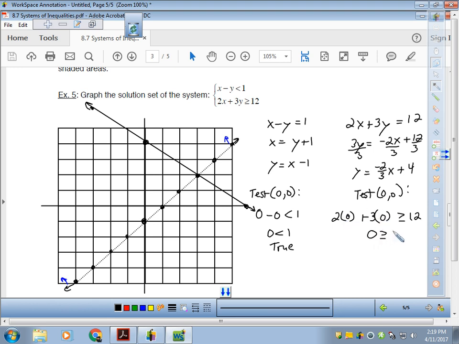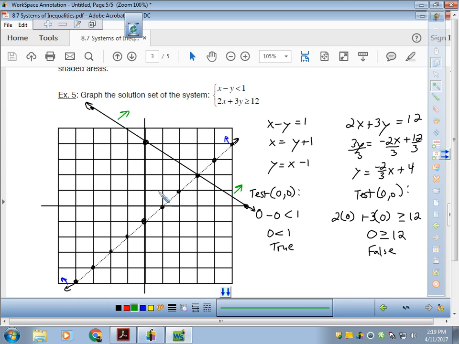So I have 0 greater than or equal to 12. Is 0 greater than or equal to 12? No, that is false. So for this one, I don't want to include 0, 0, so I would want to shade going this direction. Okay.